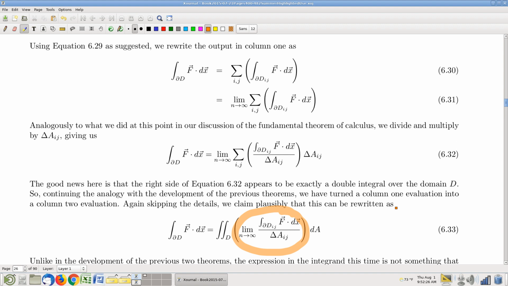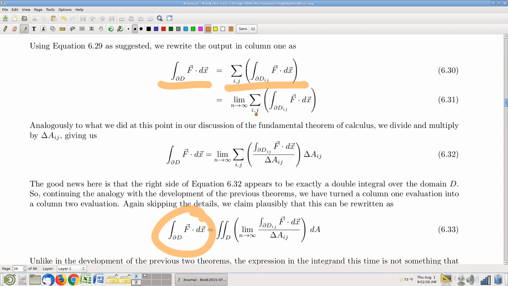This thing is not something that we recognize, but it is something that we can calculate. And there are details involved here. These details take some time, and they distract focus from what I think is really important here. Again, what I think is really important is to realize that this left side of the equation is an accumulating quantity.